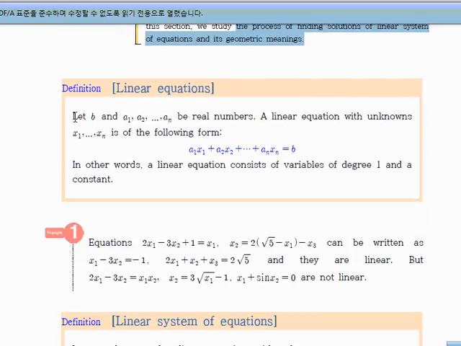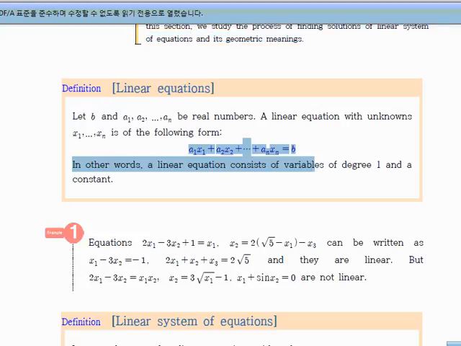The first definition is about linear equations. This type of equation is called a linear equation, which has scalars times variables. It may have many variables, and we add the combination of those. Actually, a linear combination of n unknowns is equal to a scalar.